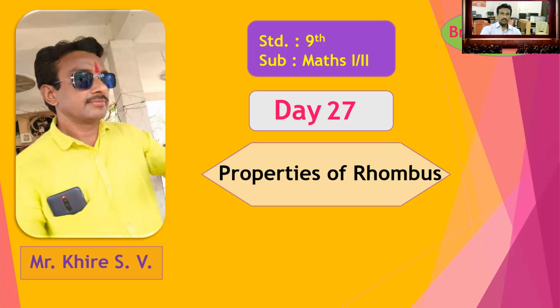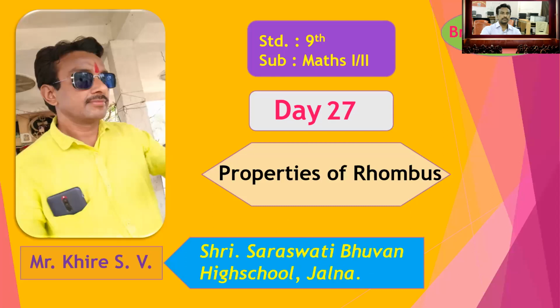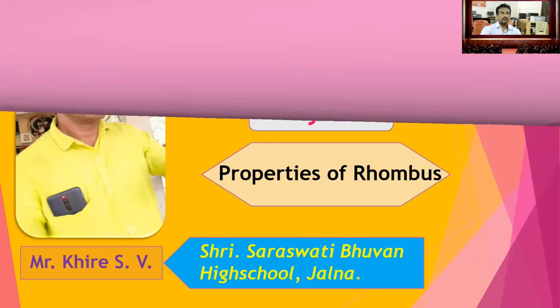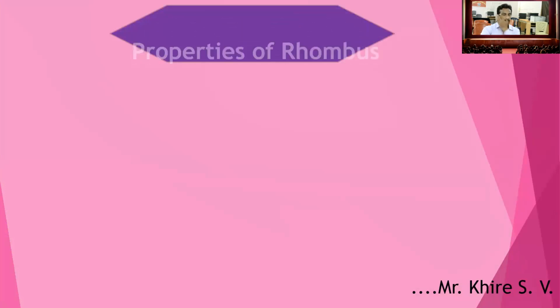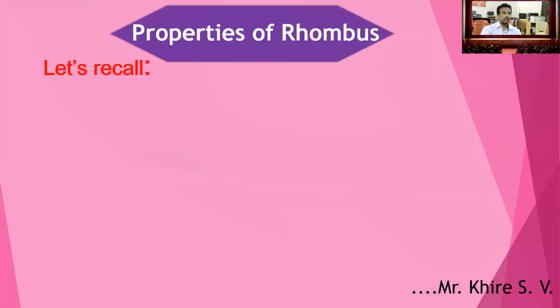What is meant by rhombus? If all sides of a quadrilateral are congruent, it's called a rhombus. Now we will see in detail what is rhombus. Properties of rhombus. Let's recall.